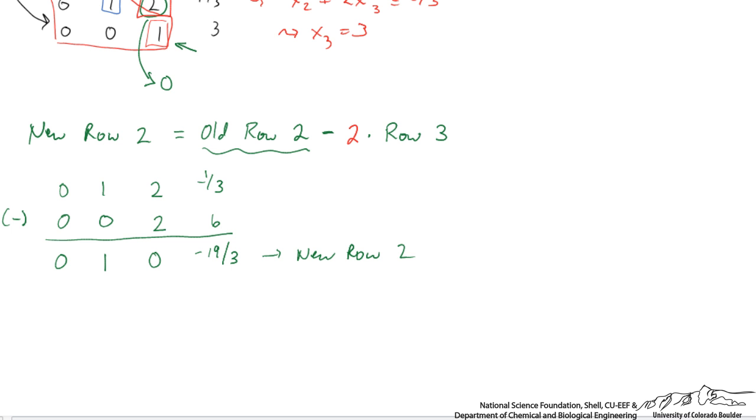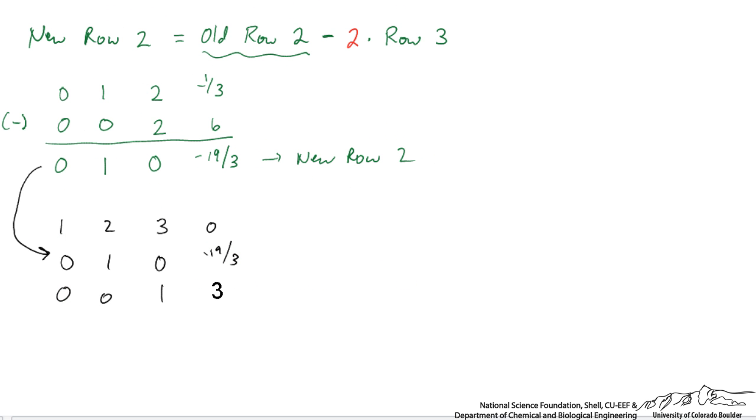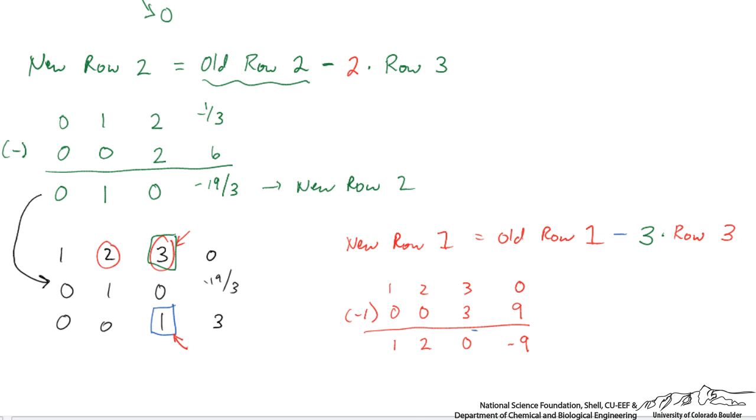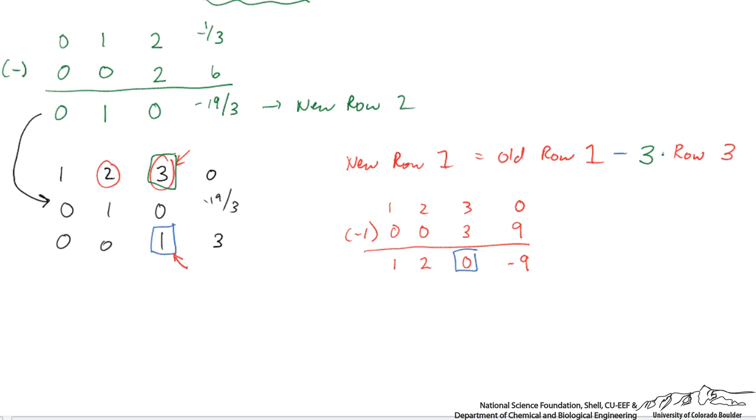So now my augmented matrix becomes this, and it's starting to look like the form we want. The only thing now we need to do is eliminate the 3 and the 2. So we're going to have a new row 1 equal to the old row 1 minus 3 times row 3. Again, we did this so that we can eliminate that 3. So now we are almost there.